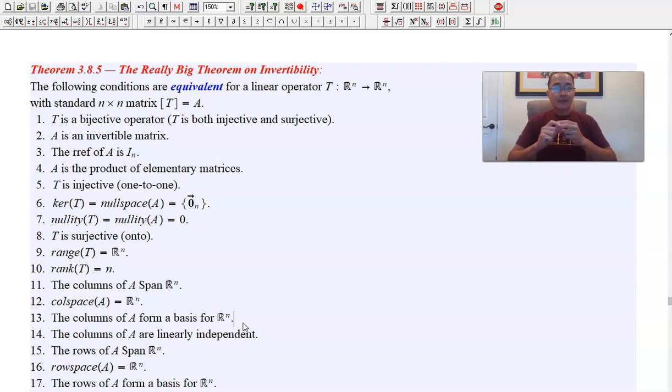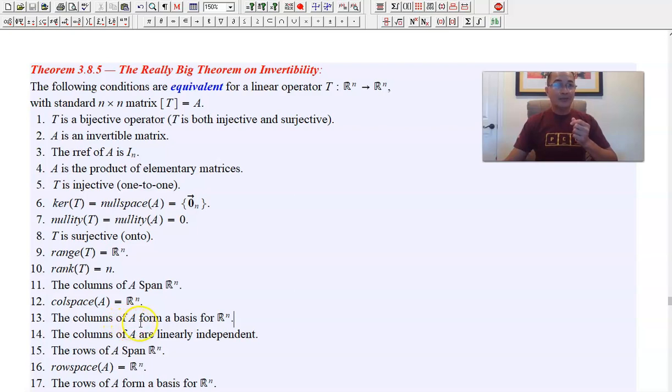Instead of having to check 2 conditions, you only have to check 1 condition. Either it is an independent set of vectors or it spans the subspace. And we said in practice, it's easier to check independence because all you have to do is look at an REF.